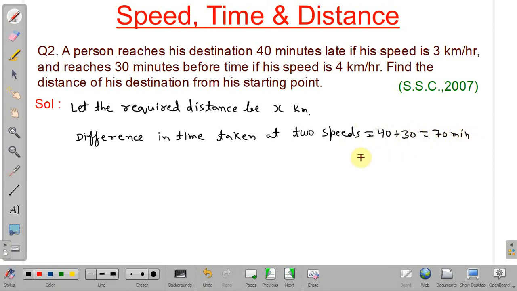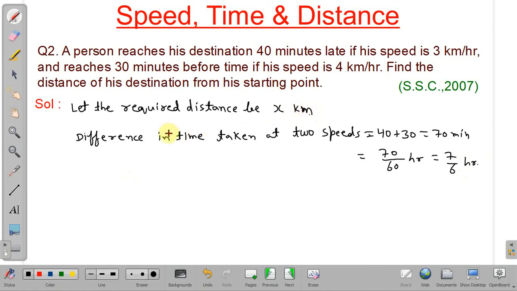If we convert this to hours, it will be 70 by 60 hour, or 7 by 6 hour. Okay, now our distance is x kilometers.